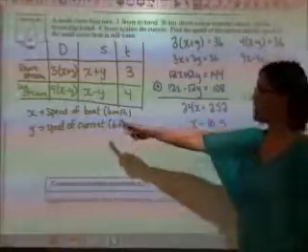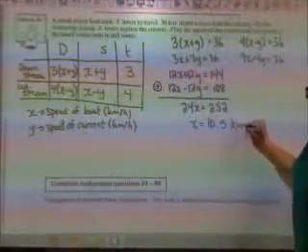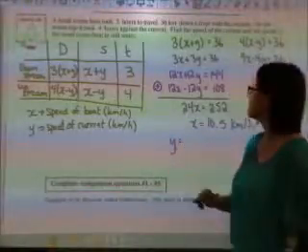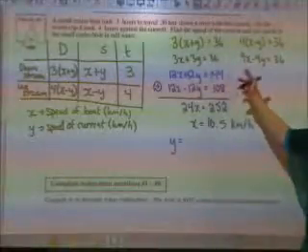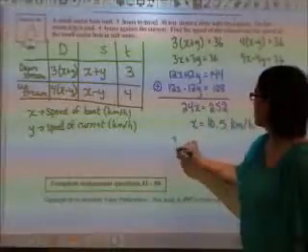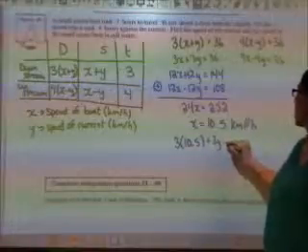If I go back to the beginning, 10.5 was the speed of the boat in kilometers per hour, so I have my units. So then my y value, if I plug that into one of those two equations and solve it, I would get 3 times 10.5 plus 3 times y equals 36.